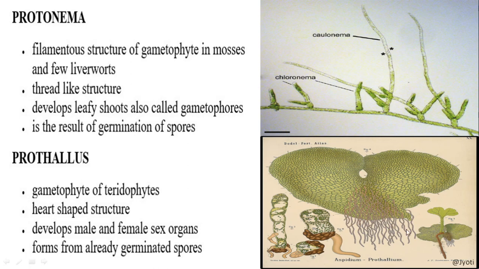It is a heart-shaped structure having a notch. Okay, so I hope the difference between protonema and prothallus is clear to you. So you can differentiate structurally as well as functionally also. In case of protonema, prominent leaf-like structures are developed, but here the prothallus itself is a big leaf-like flattened structure which is heart-shaped. Okay.